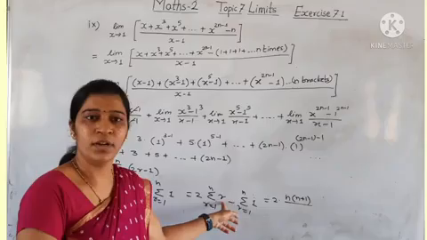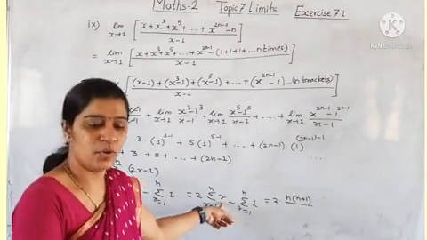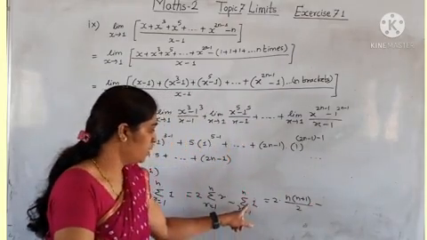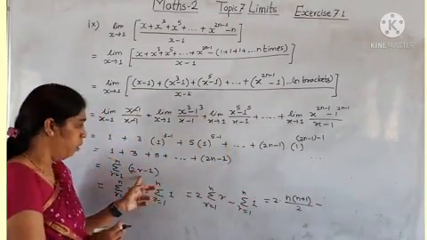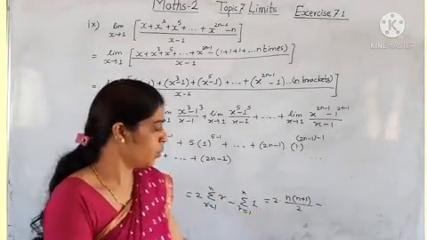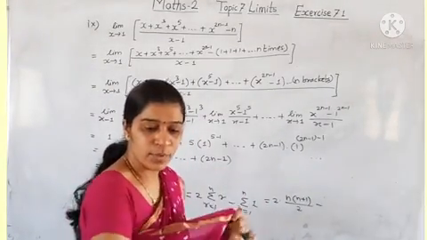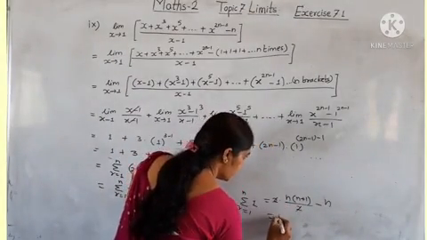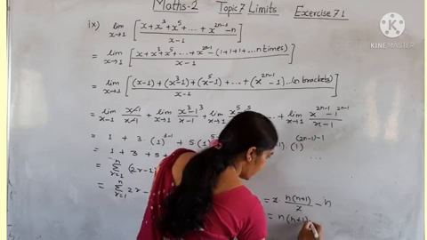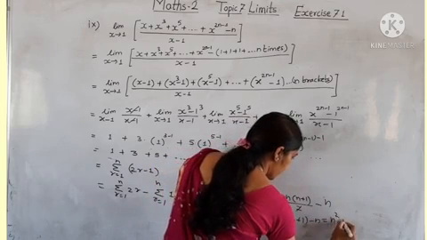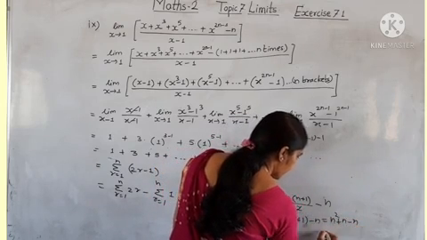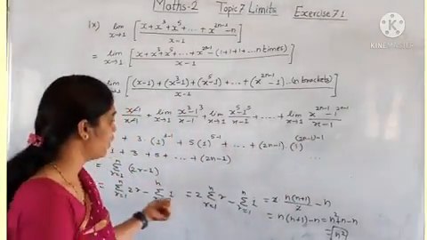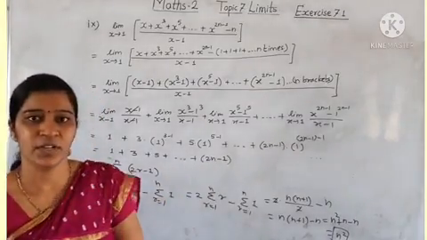What is the formula for summation r, r goes from 1 to n? You know the formula: n(n plus 1) upon 2. And what is the formula for summation 1, r goes from 1 to n? The formula is n. So 2 gets cancelled: n(n plus 1) minus n, which is n square plus n minus n. That is, the final answer is n square. So we get the value of this limit as n square.